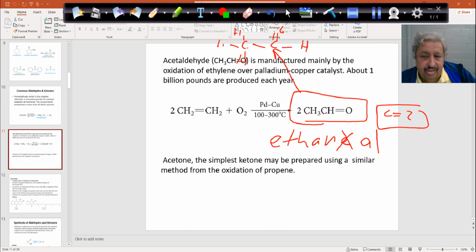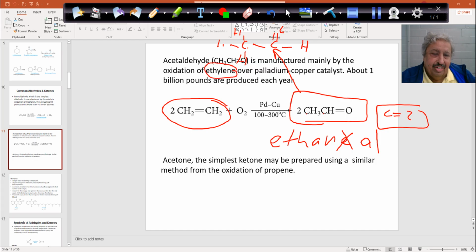That's ethanol. It can be made by the oxidation of the double bond here, ethenes or ethylene. Ethylene is a common name.